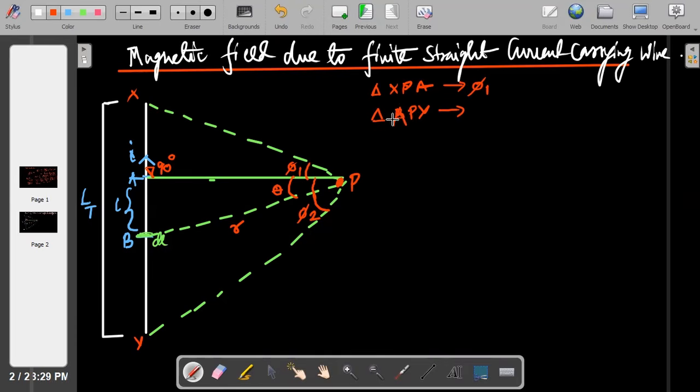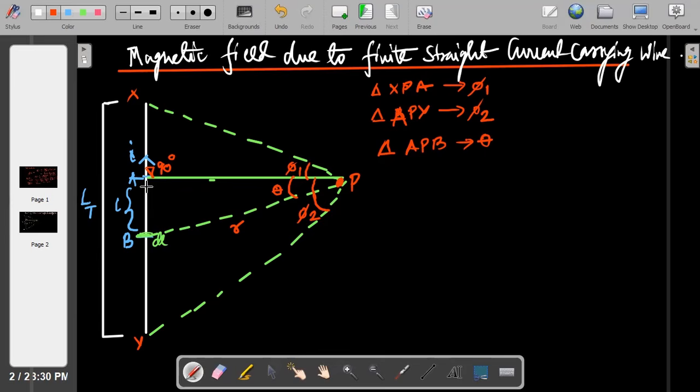So the angle which is created is phi2. Another triangle is A, P, and B. The angle it is created is theta.